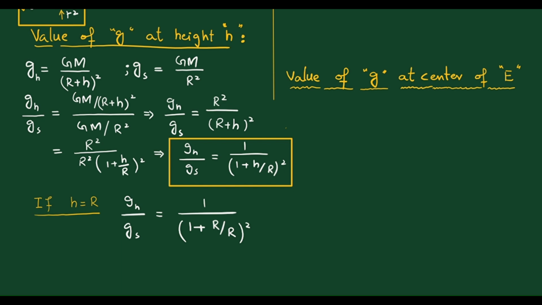R and R will cancel out, and we get g_h divided by g_s equal to 1 divided by 1 plus 1 squared, which is 1 by 4. The gravitational acceleration will decrease to one fourth, that is, by 4 times.